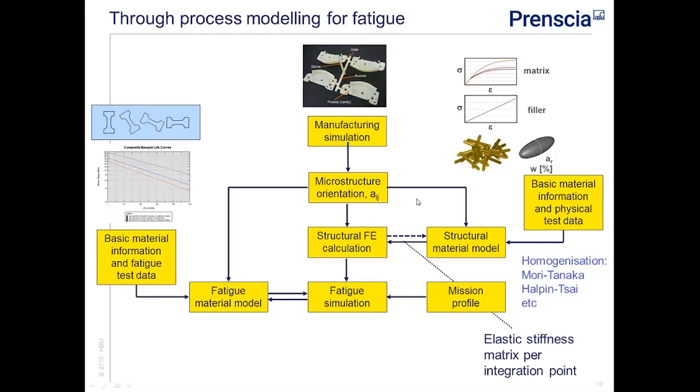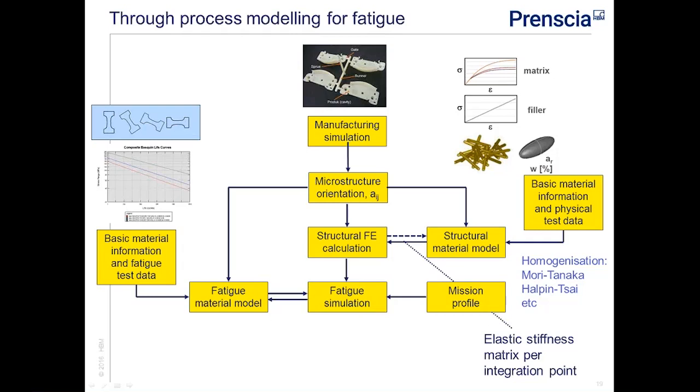Because the material is anisotropic, we may well need the fibre orientation tensor again here. And in order to calibrate the model, we're going to have to test coupons that have different orientations relative to the fibre orientations. Because the material is anisotropic, we are likely to need to do that in order to calibrate our model.